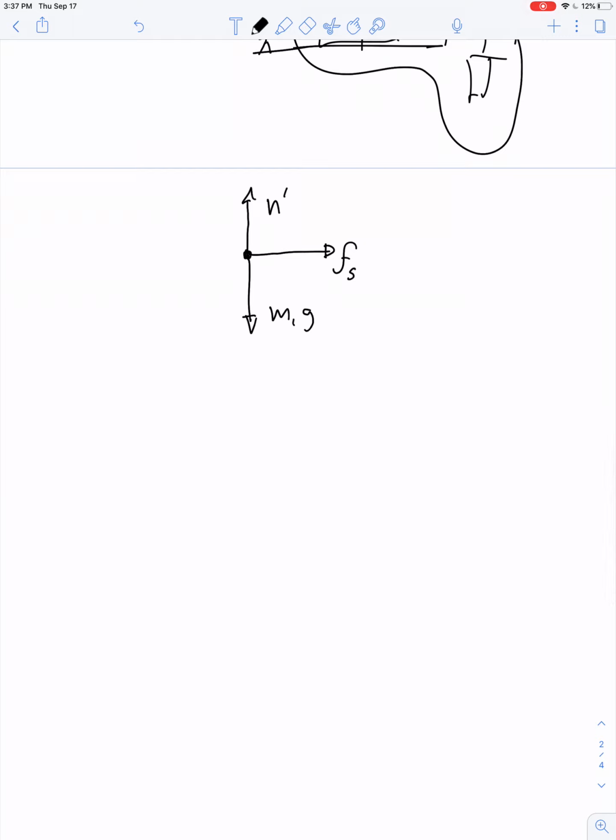All right, so we know the normal force and mg must cancel each other out, and so if this is the only remaining force, then the net force expressed by this free body diagram is equal to the force of static friction. So this means m1a is equal to mu times normal force prime.